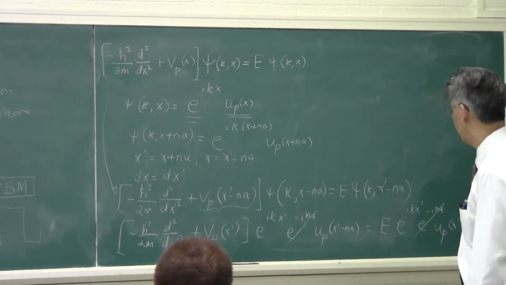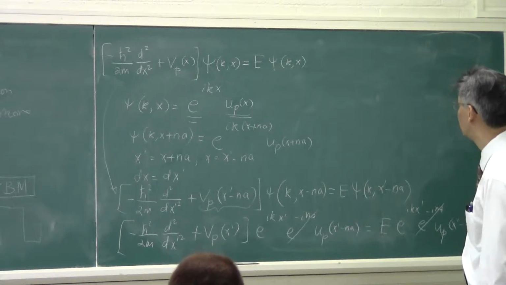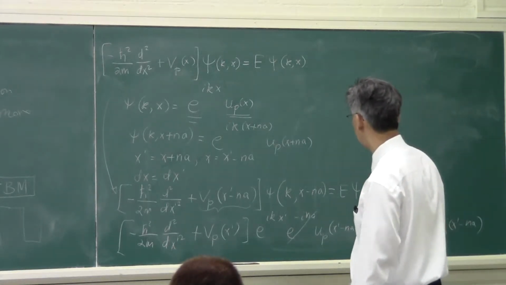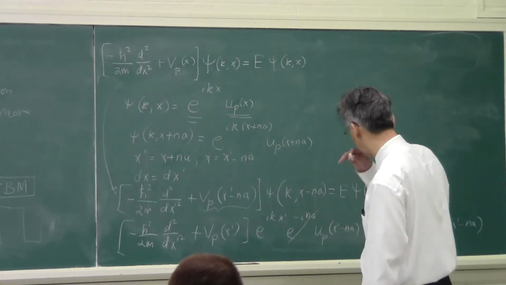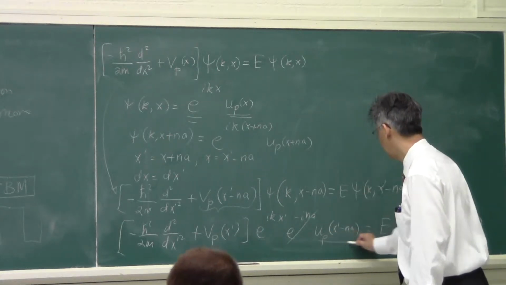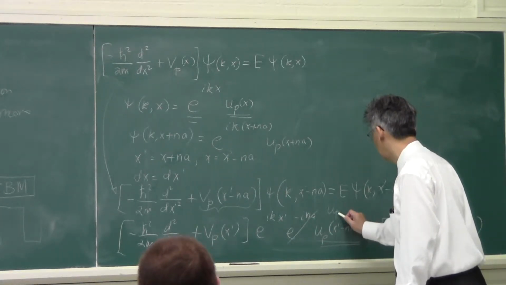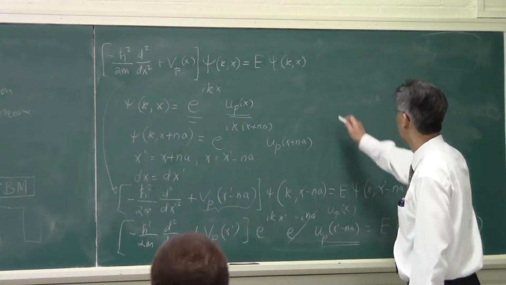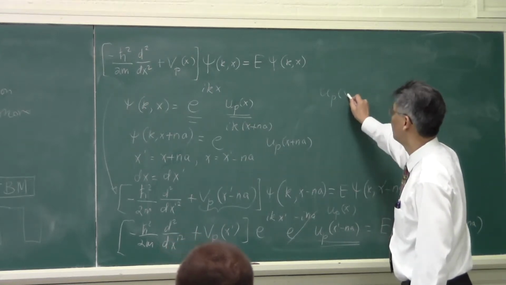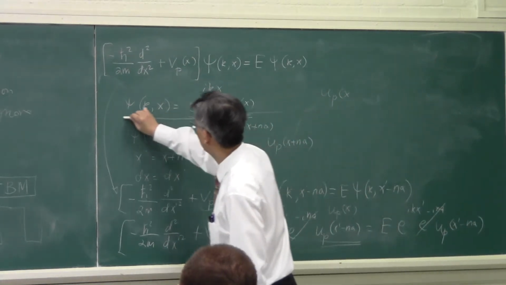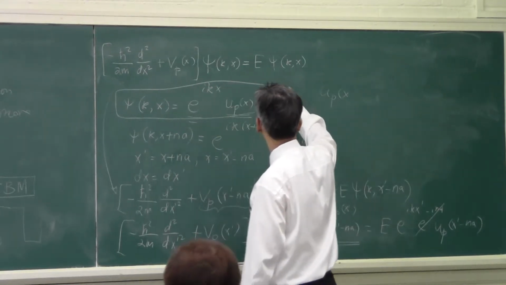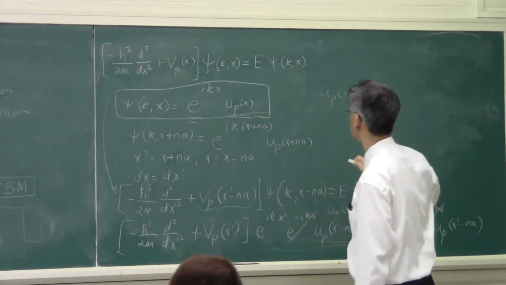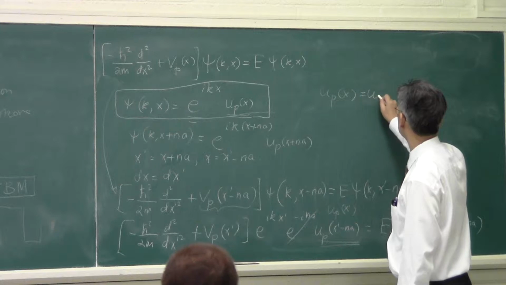Okay, and since the two equations should have the same solution before translation and after translation, I must have the fact that this thing must be just u_p(x prime). I conclude that in order for this to be a solution to the Schrödinger wave equation with a periodic potential, u_p(x) must be periodic.